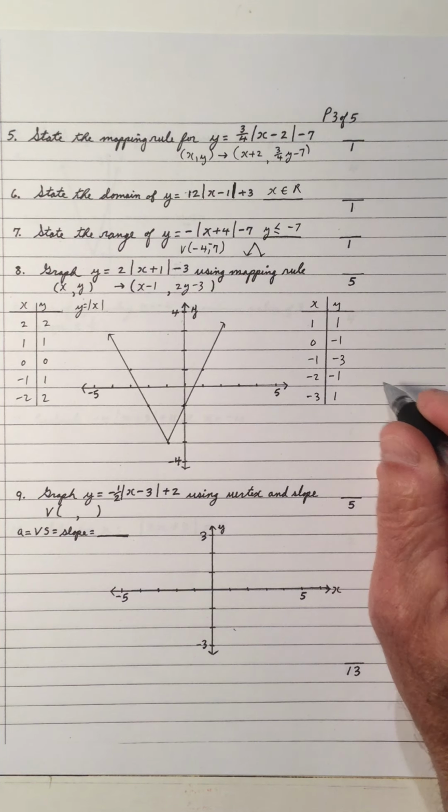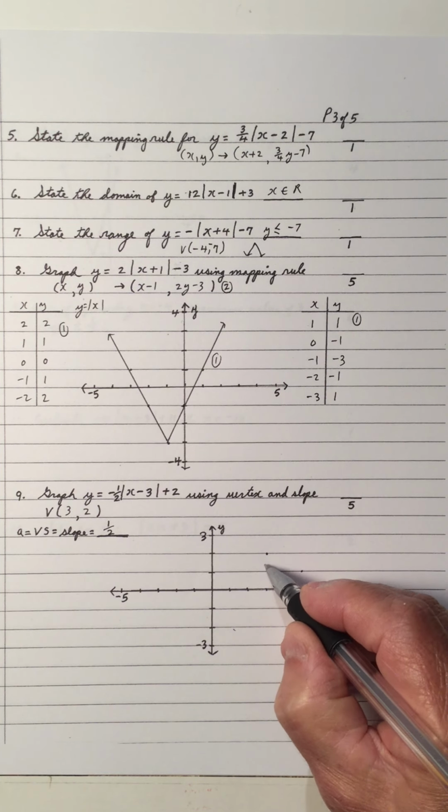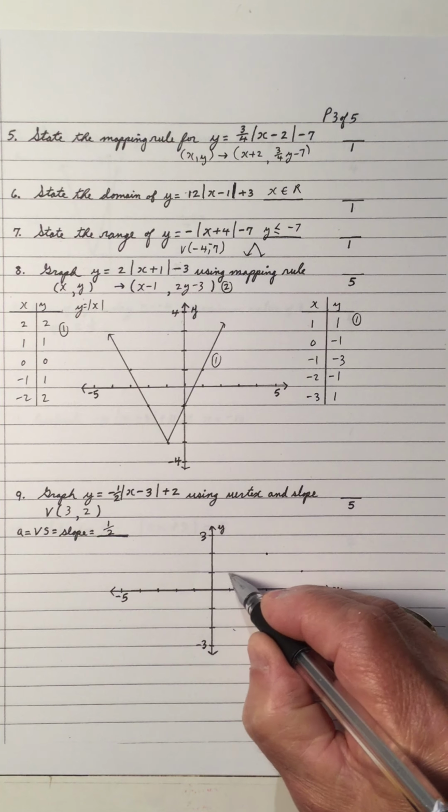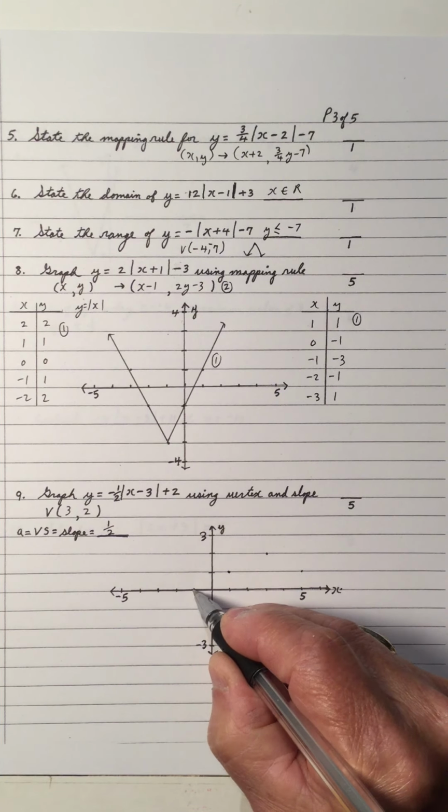X is 3. Y is 2. There's the vertex. And it's going downward, so we can go down 1, right 2. Also, we can go down 1, right 2 more. So it's right there. Or we can go down 1, left 2. Down 1, left 2. So notice it's opening downward.